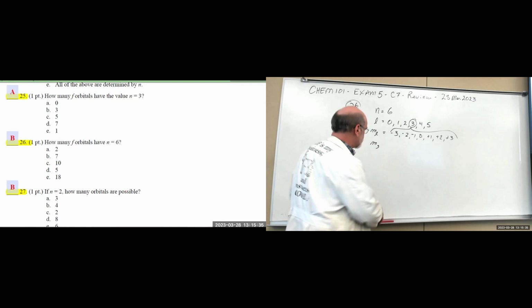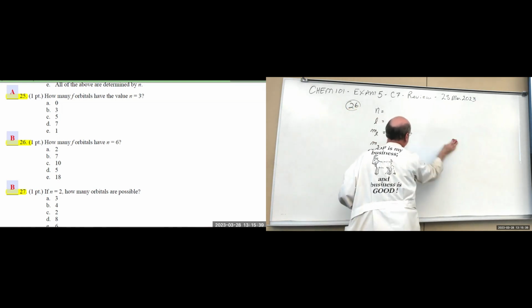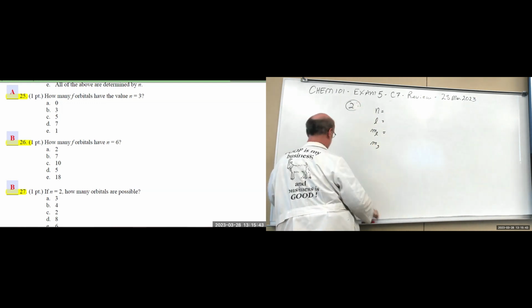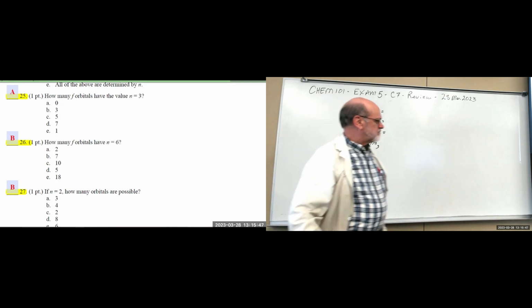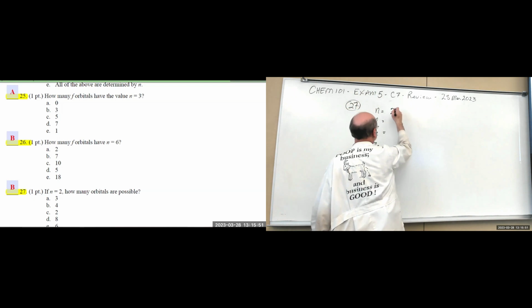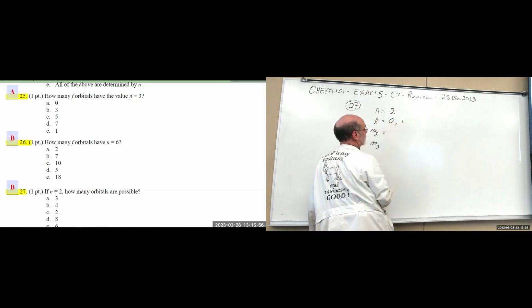Okay, 27. Let's see, if n equals 2, how many orbitals are possible? Well, if n equals 2, we can have 0 and 1, right?